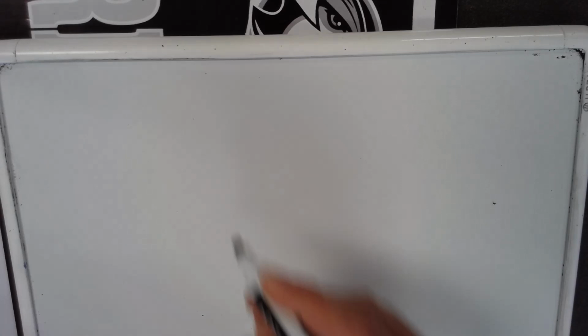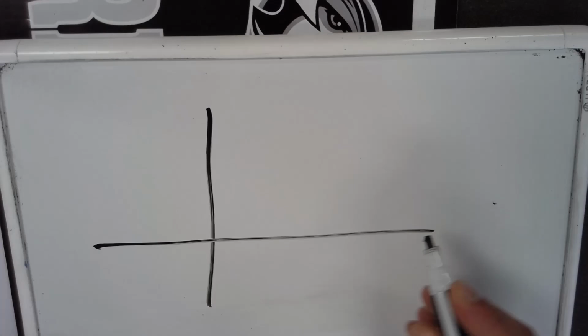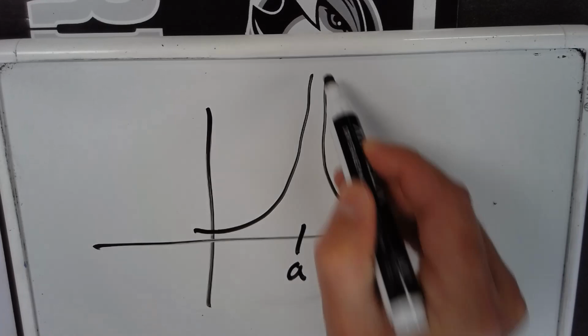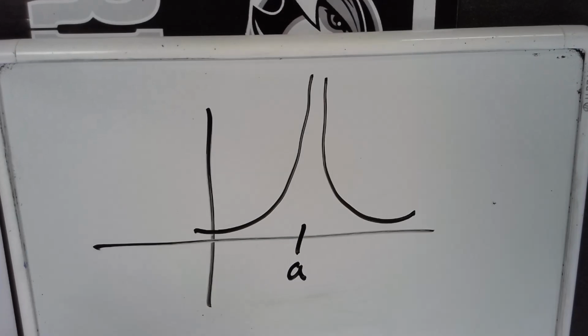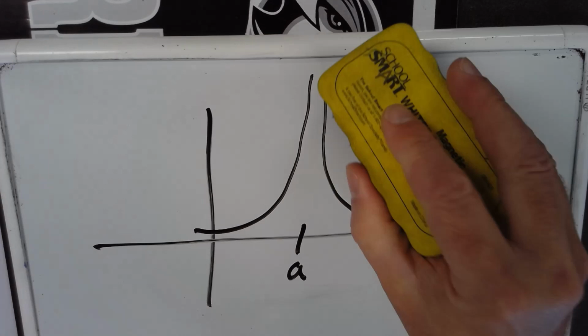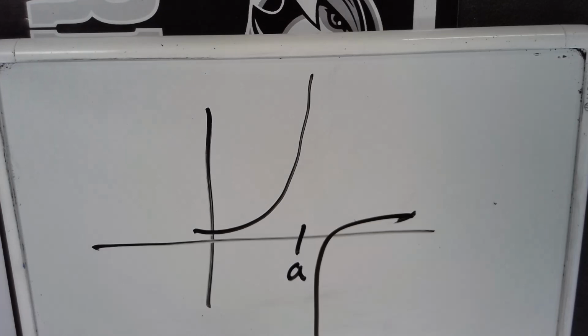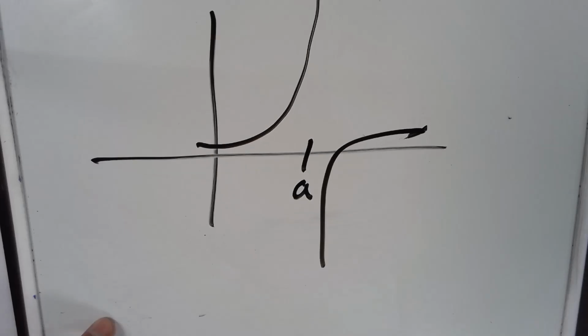Cancel and factor, etc. And remember, it has to agree, right? Real quick, that limit exists. But that limit doesn't exist. Right, that's still true.